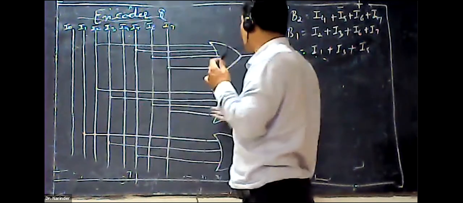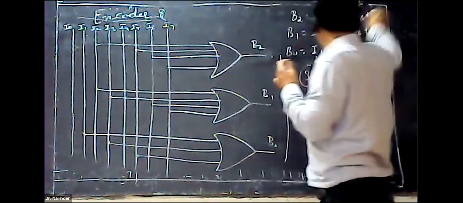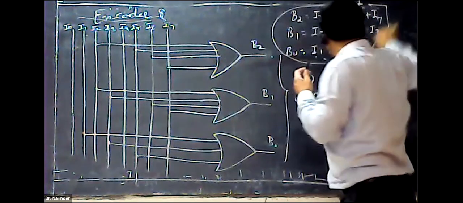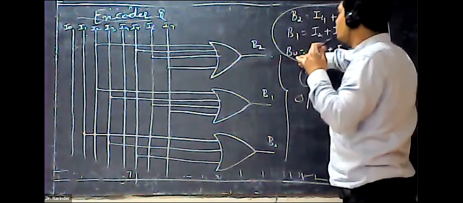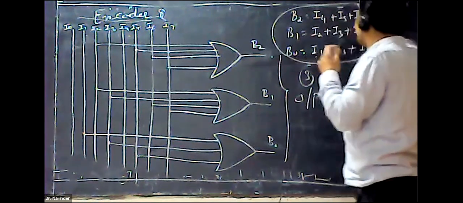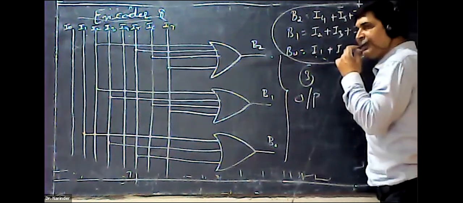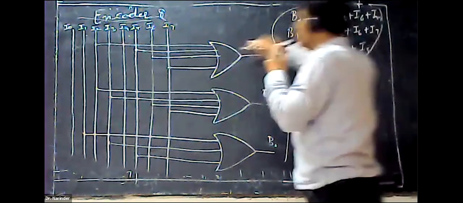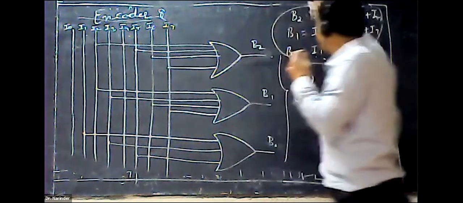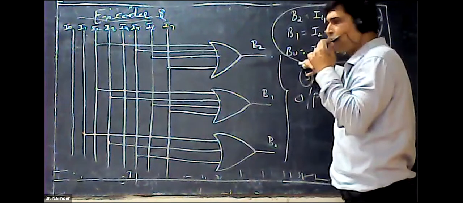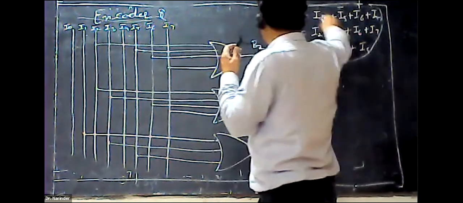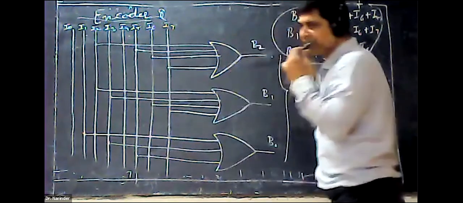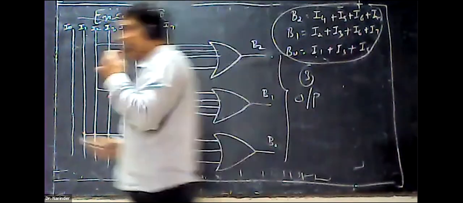From this expression, you can find that 3 outputs are there, and each is composed of the addition of the inputs. So you need OR gates, as many as the number of outputs. 3 outputs, 3 OR gates, and you connect the inputs as per this expression. In this way, we can design the octal to binary encoder.